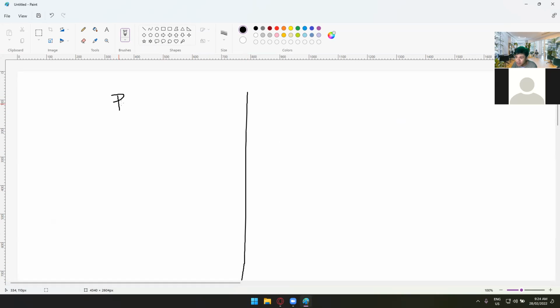Let's say this is the problem, and this is the solution. So as much as possible, it should be very specific, where this problem will be solved by this solution, wherein this one is the correct one.